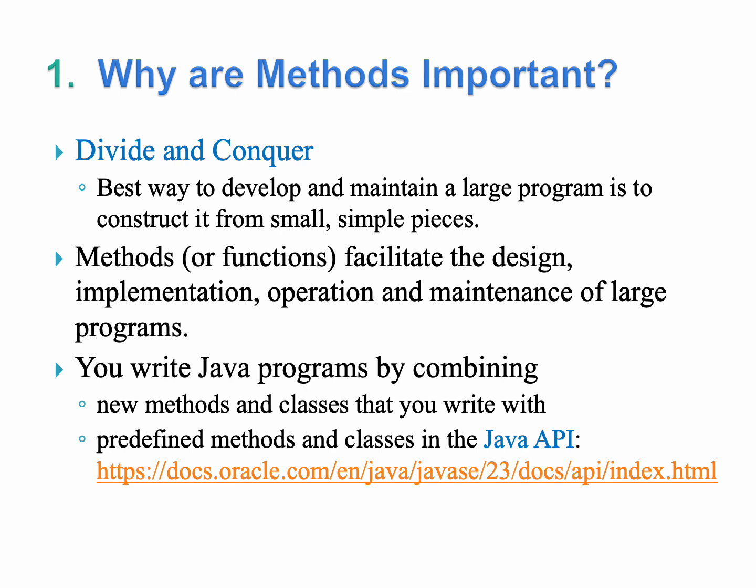They facilitate the design, implementation, operation, and maintenance of large programs. You typically write Java programs by combining new methods and classes that you write with predefined methods and classes in the Java API. Note that methods in Java are called member functions in C and C++, which are other languages.